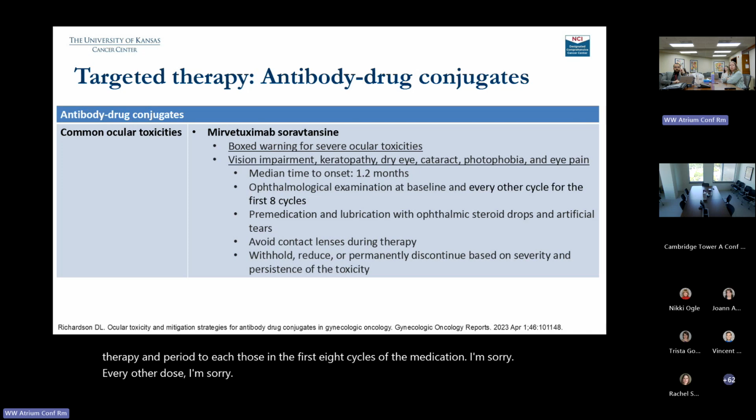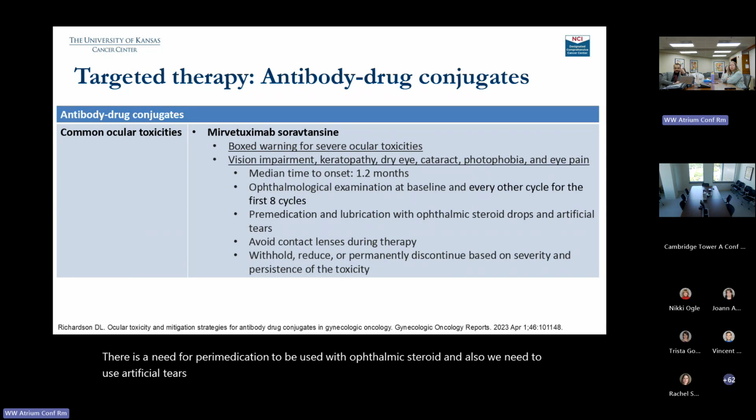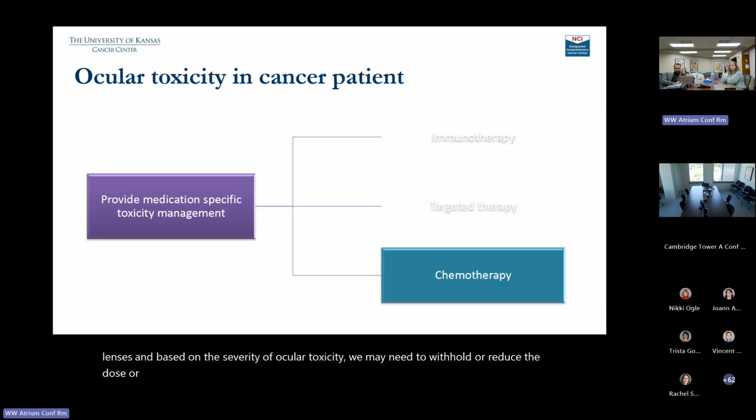There is a need for premedication with ophthalmic steroid. And also we need to use artificial tears as lubrication. For this one as well, we need to mention to avoid contact lenses. And based on the severity of ocular toxicity, we may need to withhold or reduce the dose or discontinue the medication.